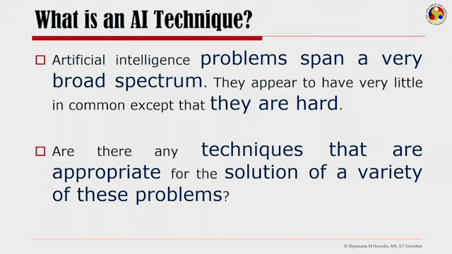They appear to have very little in common, except that they are very hard. When we ask the question, what is an AI technique, the focus is to look for an answer if there are any techniques that are appropriate for the solution of a variety of these problems. Is there something common for all these problems?